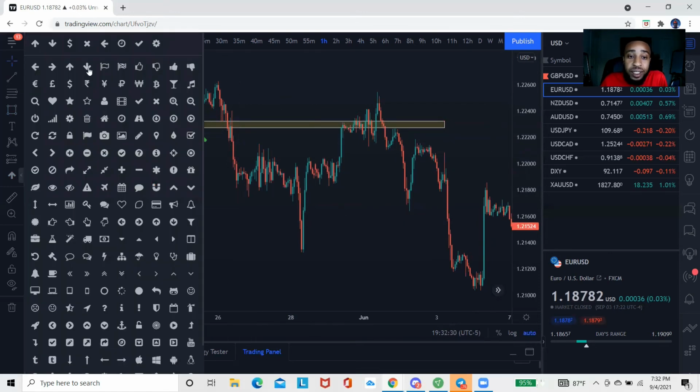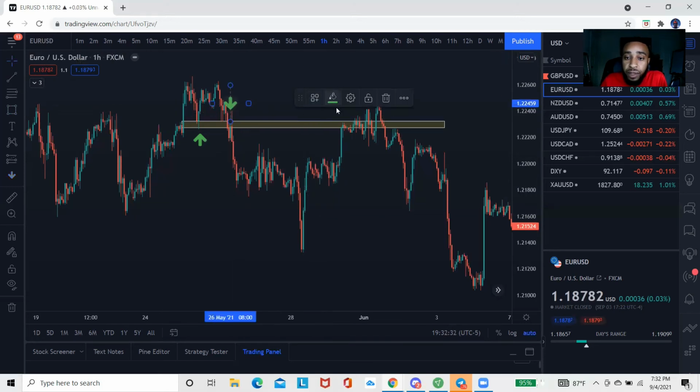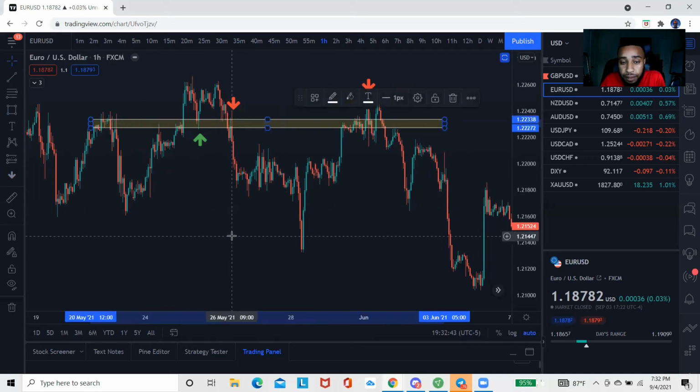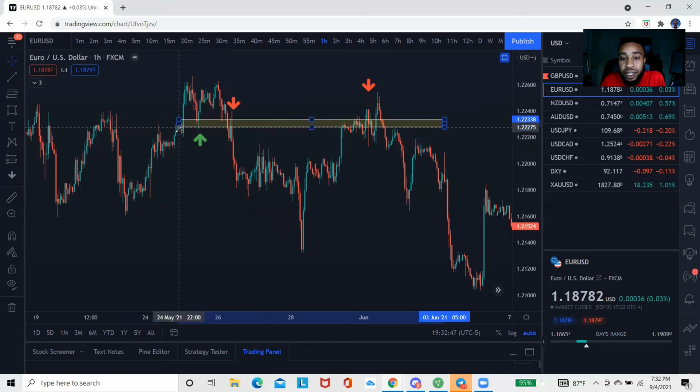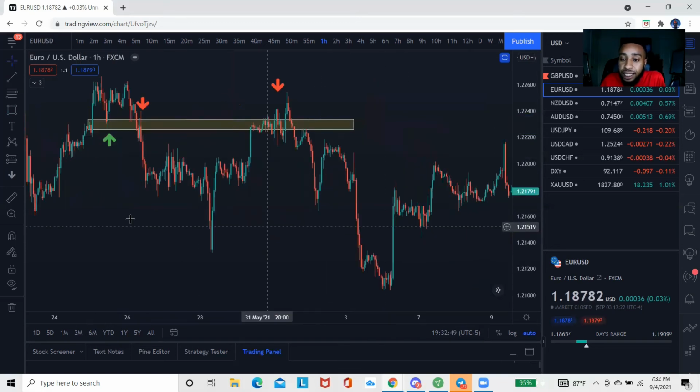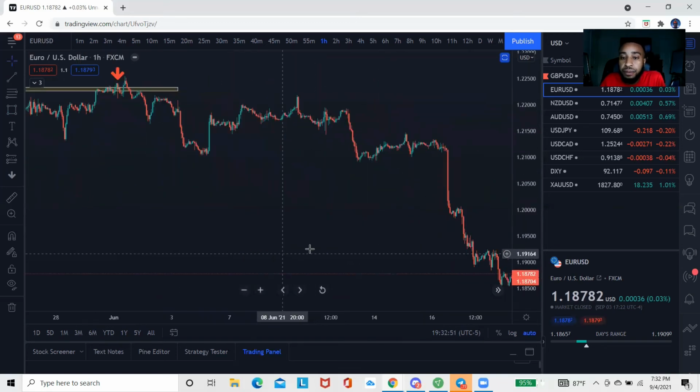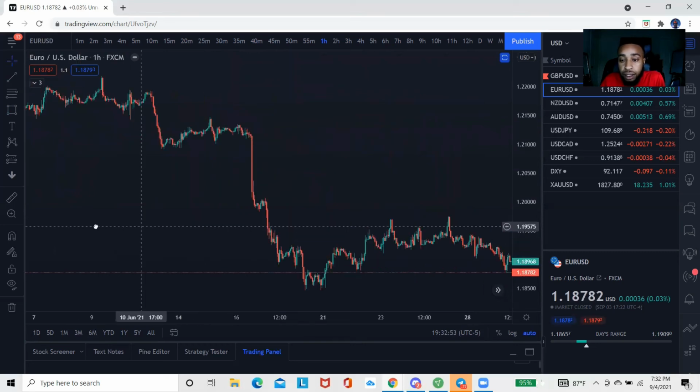Technically, this was the initial retest right here, okay? And then what you guys can see, like I said, it may not be perfect, but it's in the relative area. Notice how the market came back to this relative area, which was based off the previous support, okay? This previous support, right? And then once the market hit that previous support, you can see it started rejecting and then gave us that drop that we were essentially looking for.